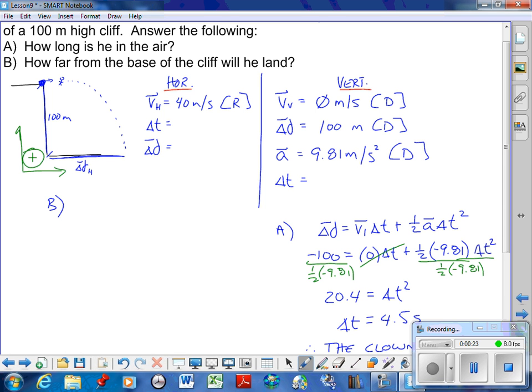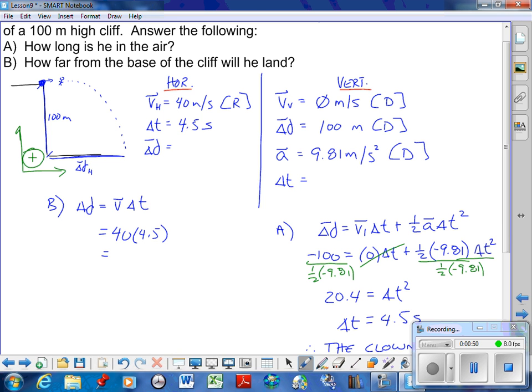Now remember I said time is universal. So 4.5 seconds of hang time, or 4.5 seconds of travel time through the air, means that's how long he was able to travel horizontally. Using our formula for uniform motion, delta D equals VT, we can calculate our missing value by doing 40 multiplied by 4.5.